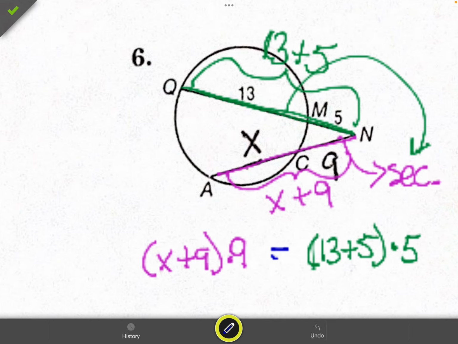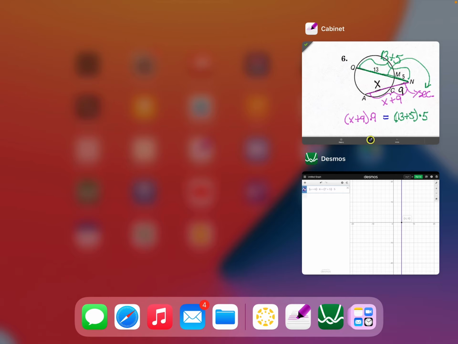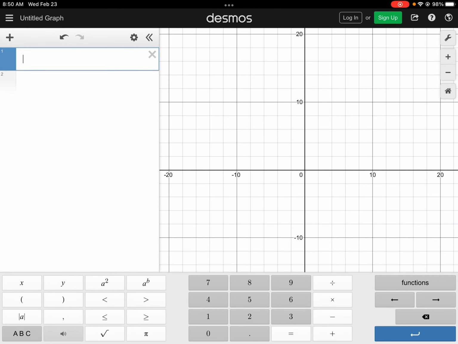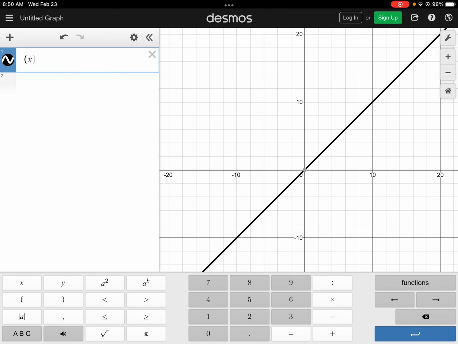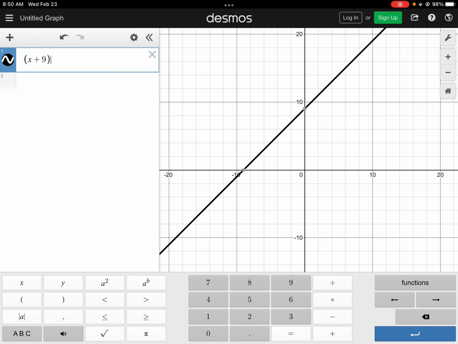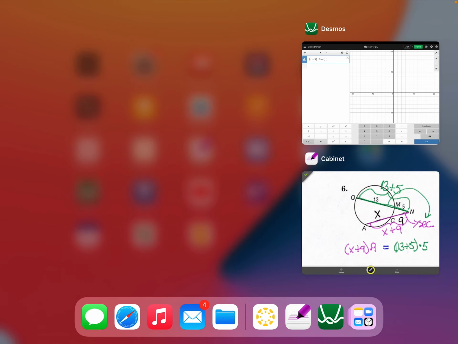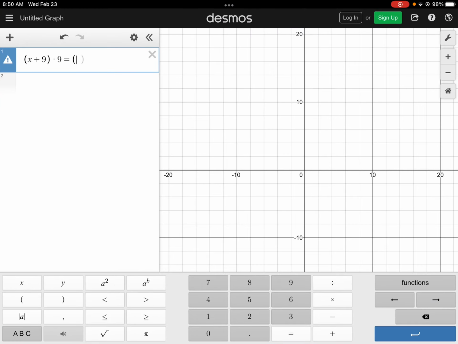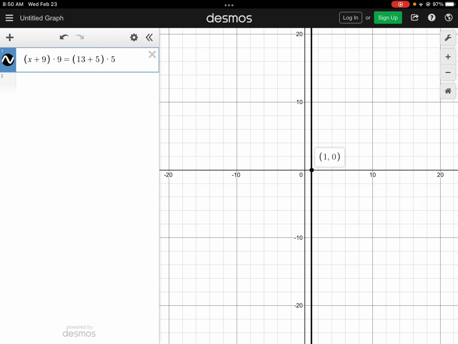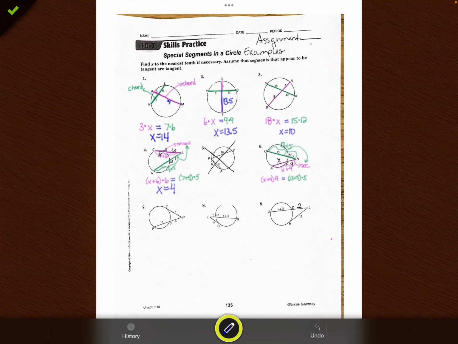Set them equal and just put it in Desmos. You don't have to do all the algebra. Desmos will do it all for you. Let's see, what was it? 13 plus 5, close my parentheses. So we end up with x equals 1.